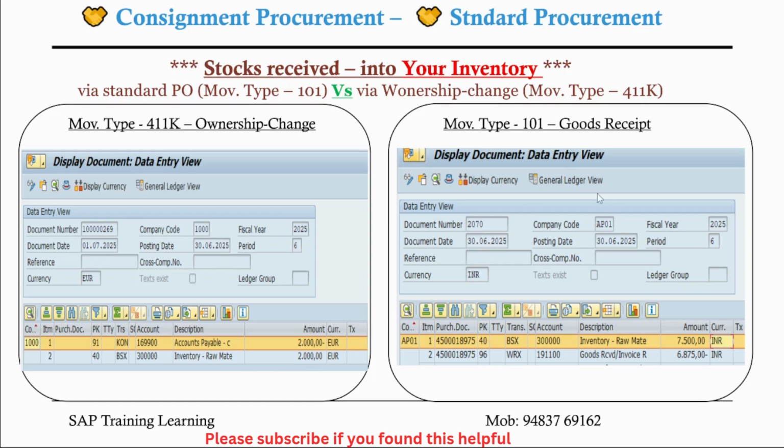So in standard, in the first step itself, while doing the GR, you got your BSX debited, your stock increased, and WRX credited. But here we need to do one more extra step, that is transfer posting with movement type 411K. Then only it has become your stock, your BSX gets debited, and your consignment account gets credited.